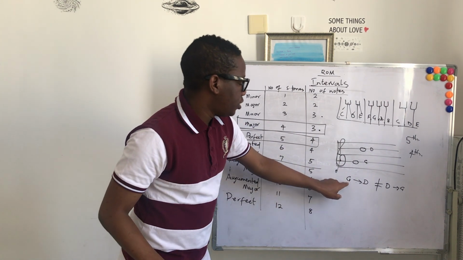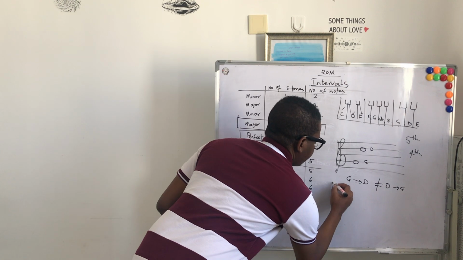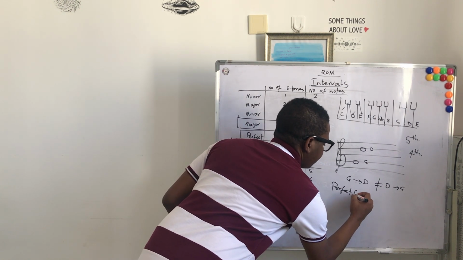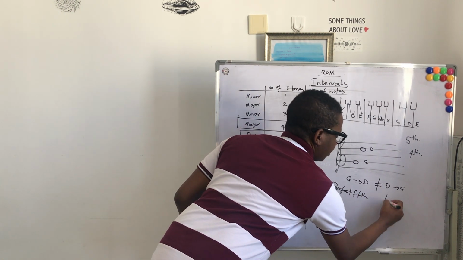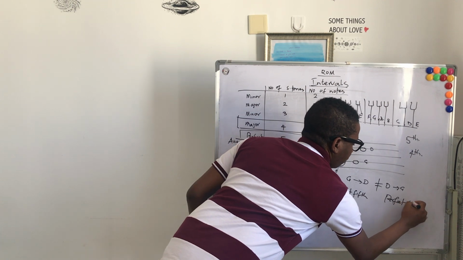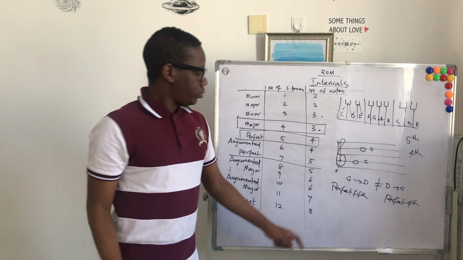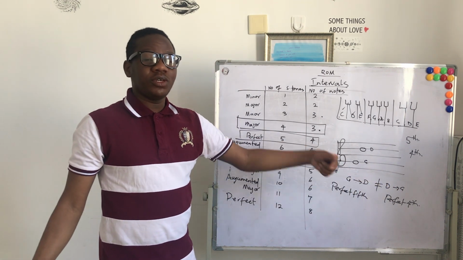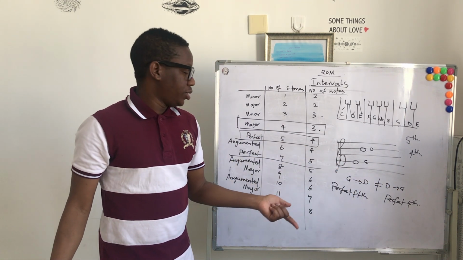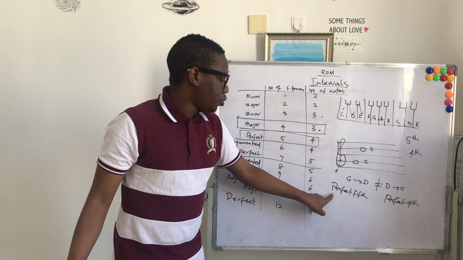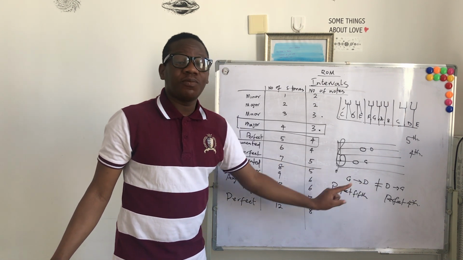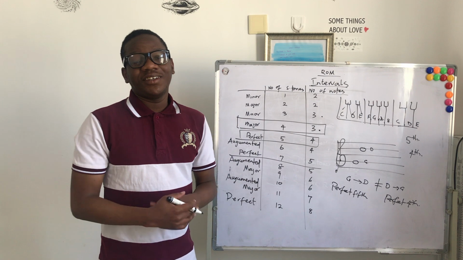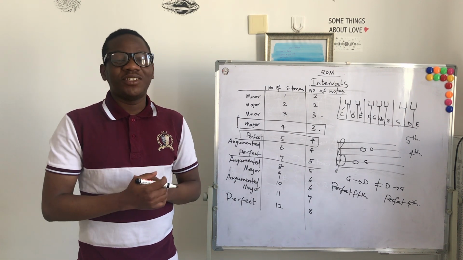So G to D gave us a perfect fifth, while this gave us a perfect fourth. You can see that the intervals are not the same. So in your exams, if you wrote perfect fourth instead of perfect fifth, you'll have gotten the answer wrong.